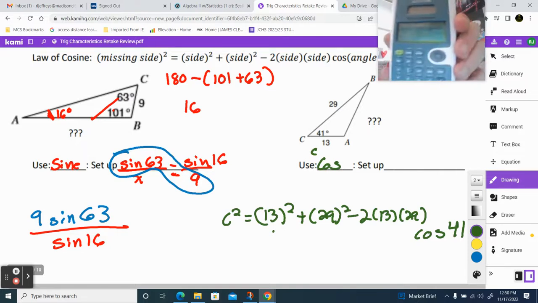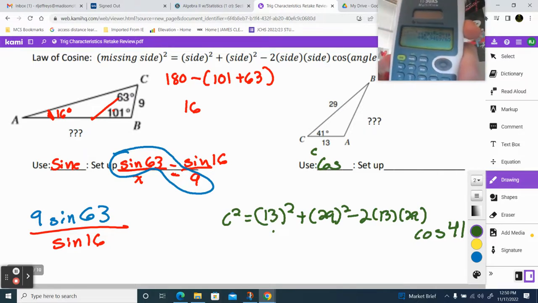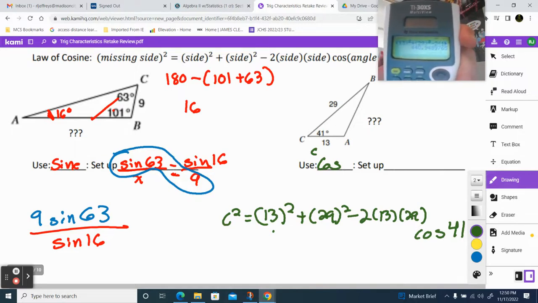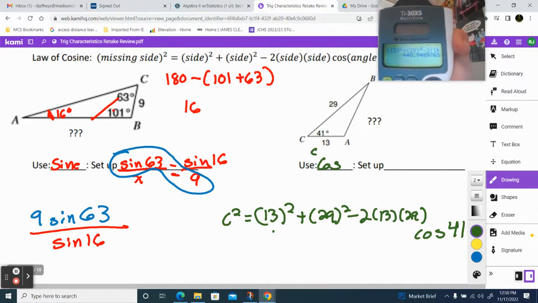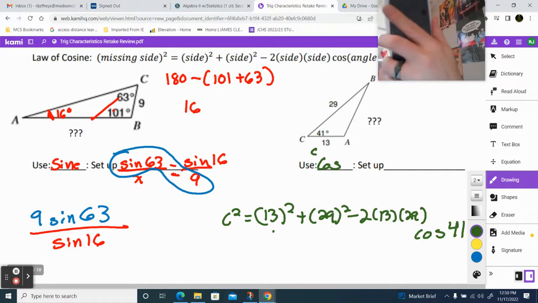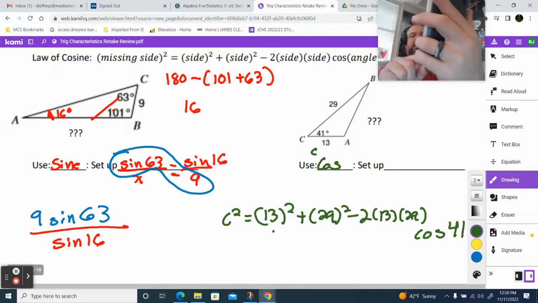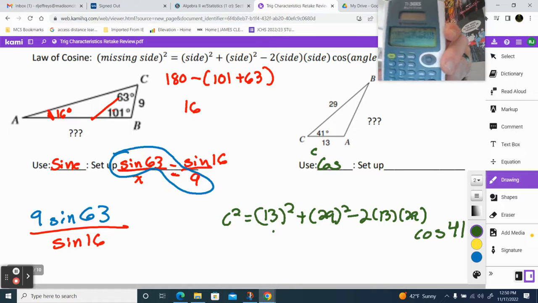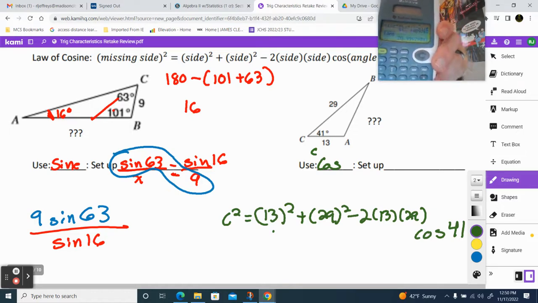All right, I plug it all in. Bam! I get this answer. That's not the answer. Yes, you have to take the square root. So second square root, second answer. Bam! That is it. And you round to the nearest tenth. That is the hardest.